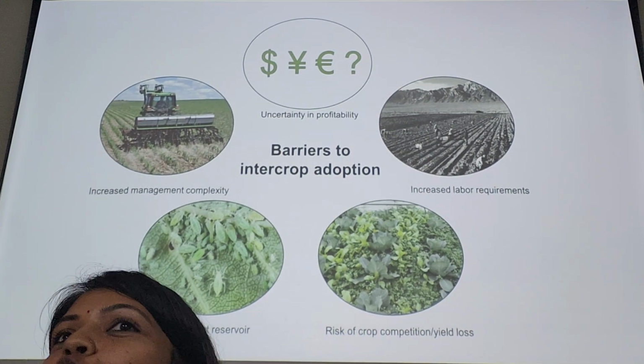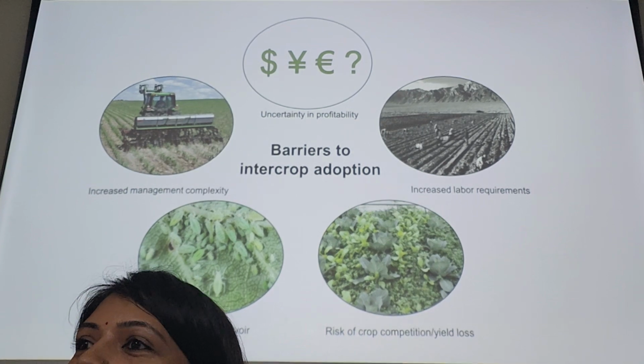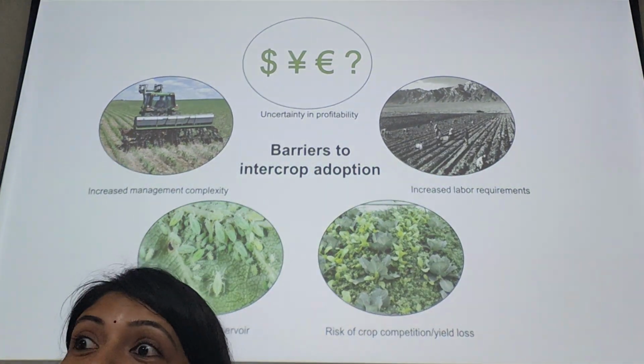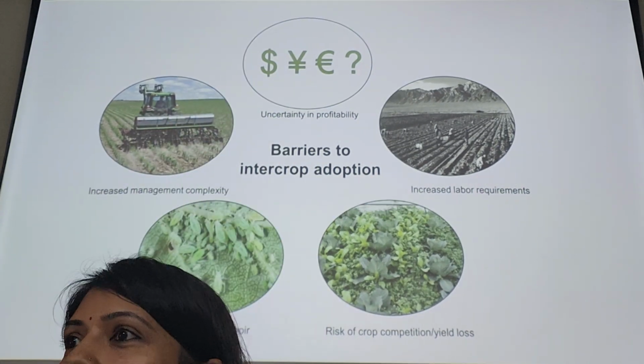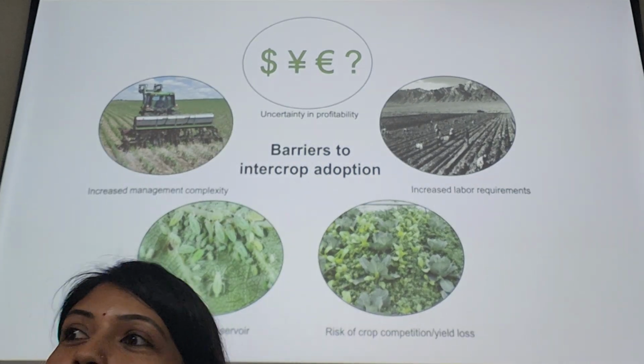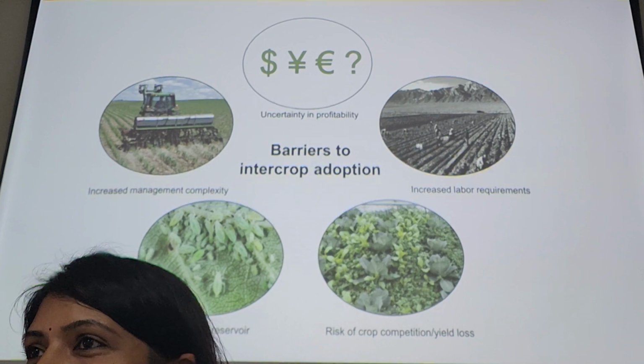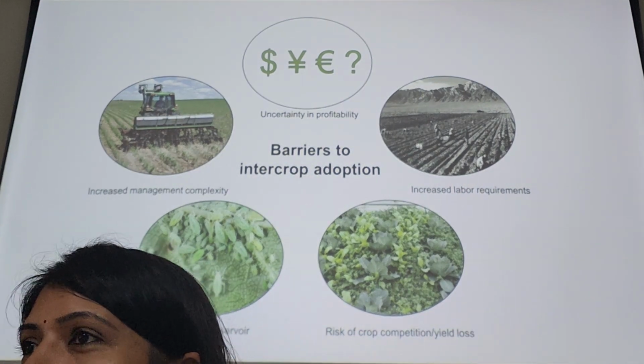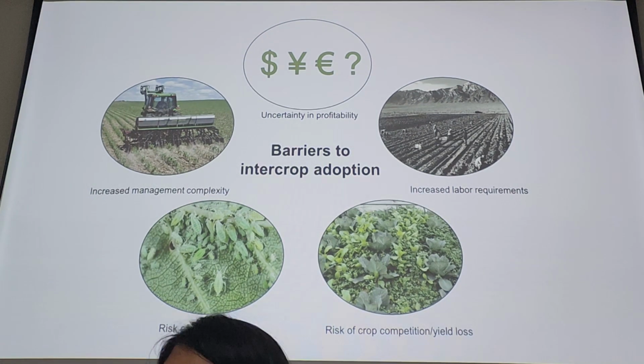Sometimes when you put two plants together, one plant will inhibit the growth of the other plant, or sometimes both of them grow very well, or in certain cases both of the plants don't produce as much yield as they are supposed to. So there is an uncertainty in profitability when you choose to intercrop in your farm.